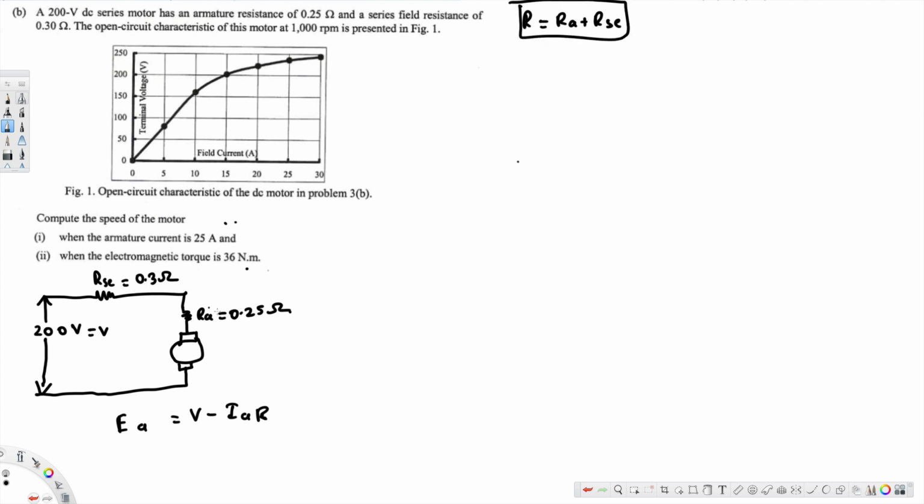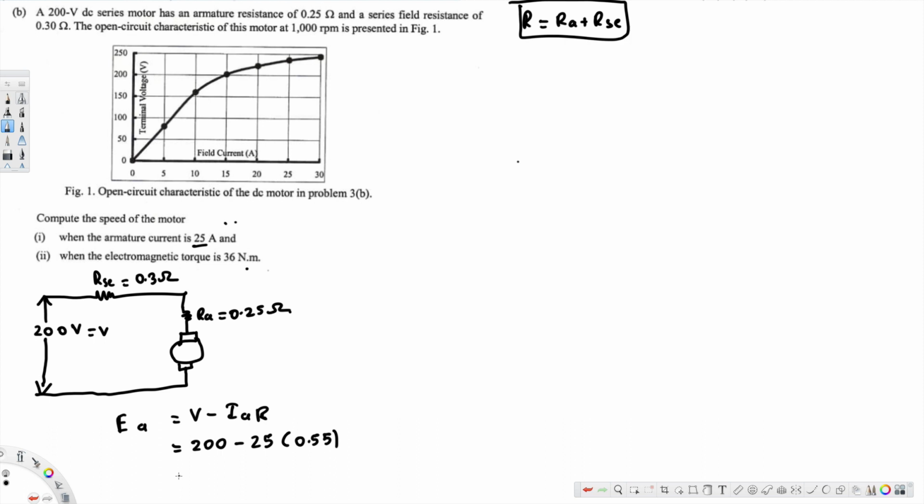Series resistance is 0.3, armature resistance is 0.25, so R is equal to 0.55, and V is 200 minus the current, 25 ampere, times 0.55, which is the addition of these two.